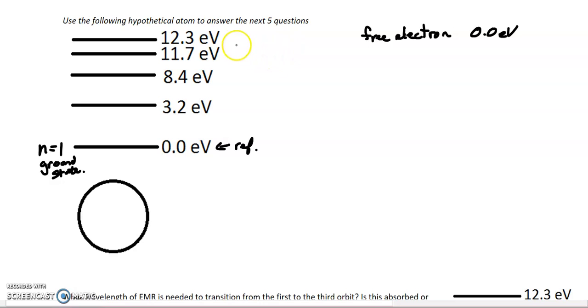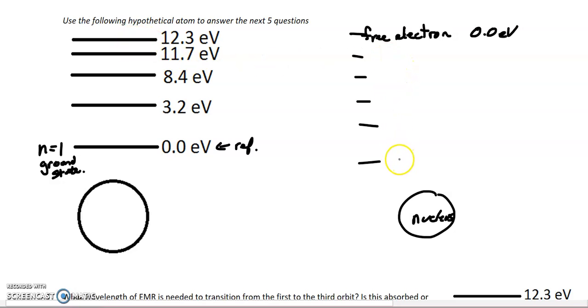If a free electron is, and here's my nucleus, if that is 0, then the levels below wind up having negative energy, because the electron gains energy as it moves up to a higher orbit. And so this might be something like negative 13.6 electron volts as they drop down.